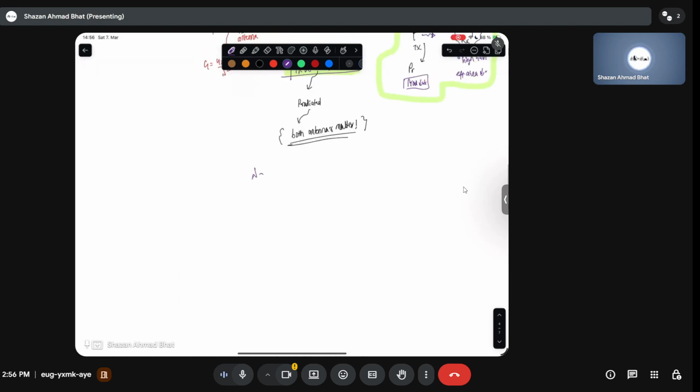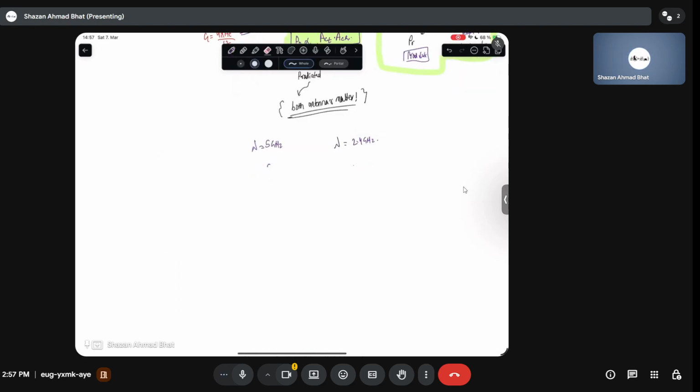That means if you want to transmit a 5 gigahertz signal, and on the other hand you have, let's say, a 2.4 gigahertz signal, the radiated power is proportional to lambda squared. So essentially the wavelength is also important.